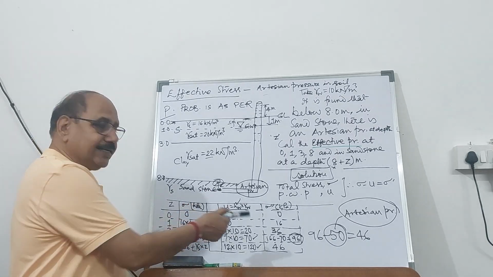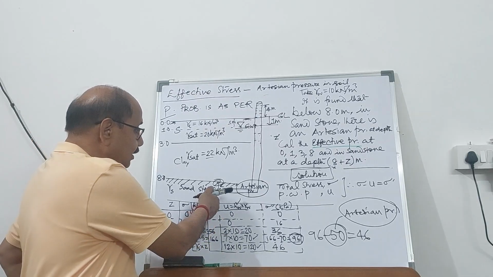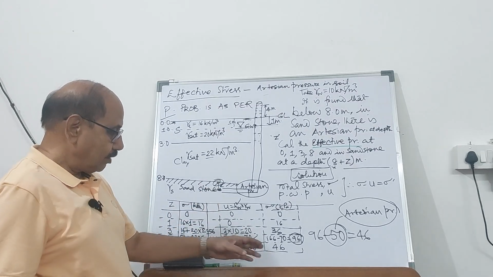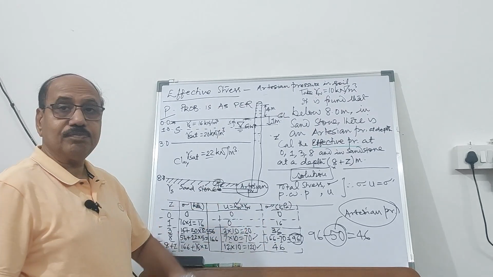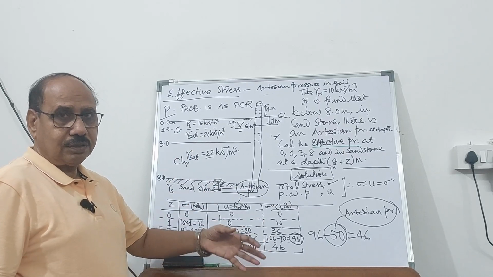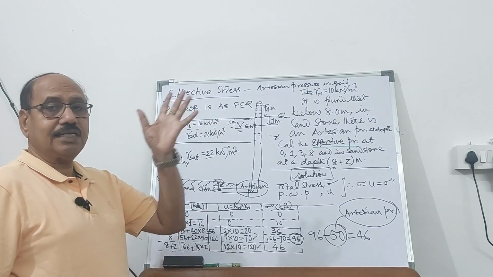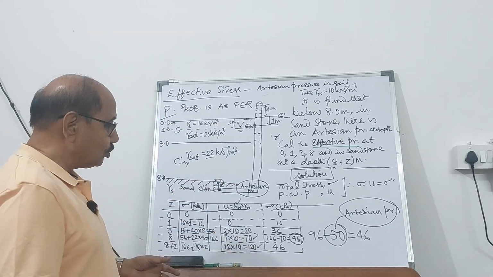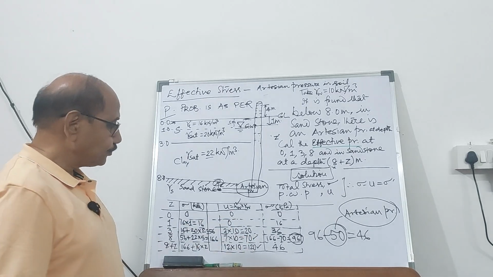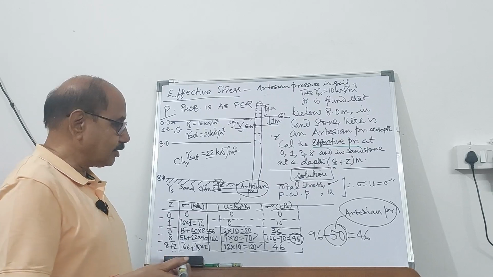Friends, I have deliberately taken this problem so that you understand how this Artesian pressure is going to play with a reduction in the effective pressure. And once the effective pressure reduces, the shearing strength is going to reduce drastically, because the shearing strength is a function of effective stress.